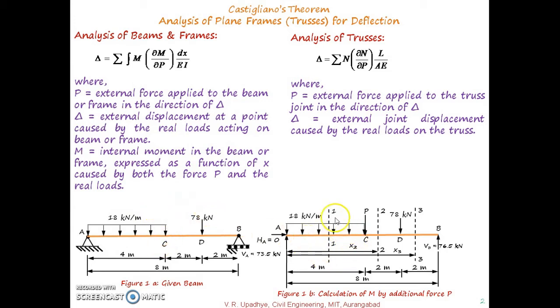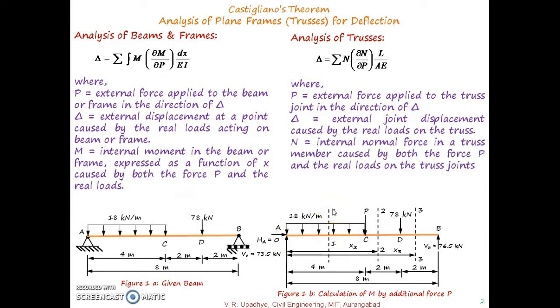In the case of trusses, capital N stands for the internal normal forces in truss members caused by both the force P applied where the deflection is to be calculated and the real loads on the truss joints. E and I, you are aware, are Young's modulus and moment of inertia that we have used in the analysis of beams and frames.